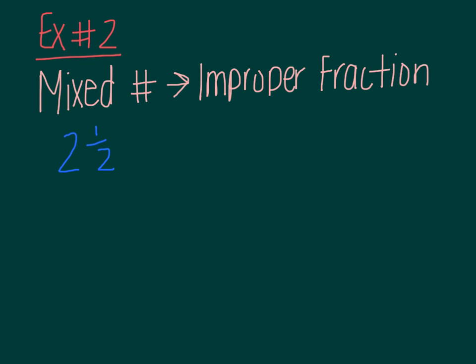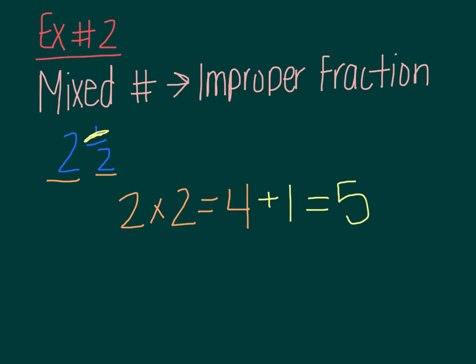Okay, example number 2, we're going to do the same exact thing. I'm going to multiply my whole number times my denominator. So in this case, it's 2 times 2, which equals 4. Then my last step is to add my numerator, which is 1. 4 plus 1 equals 5. 5 is my new numerator.